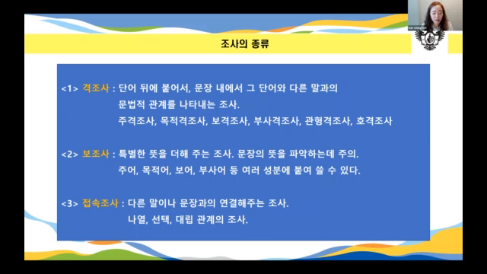An auxiliary particle is a particle that adds a special meaning to a word. Special meaning. The important thing about auxiliary particles is that you have to be careful to comprehend the meaning of the sentence. They can be attached to several components, such as subject, object, complement, and adverb.